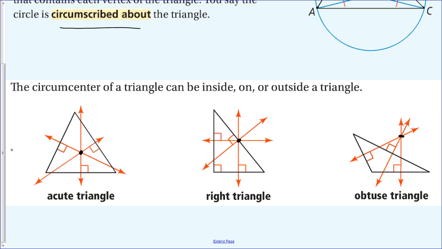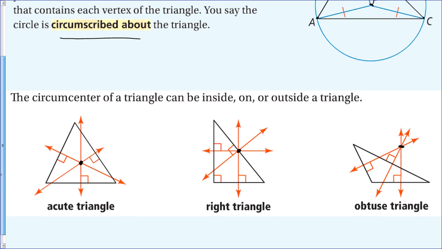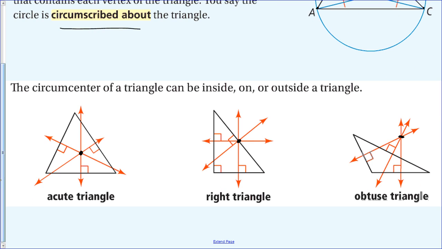But each of these will still hold true about the circle circumscribed about the triangle. If you were to draw a circle around here, the centers would still be shared. Same thing with the obtuse, same thing with the acute. So the point of concurrency of your perpendicular bisectors can either be in, on, or outside, and it is called the circumcenter. Make sure you remember this.